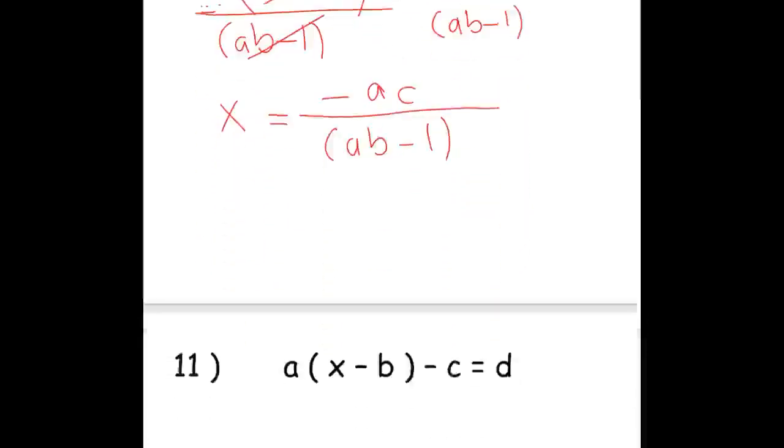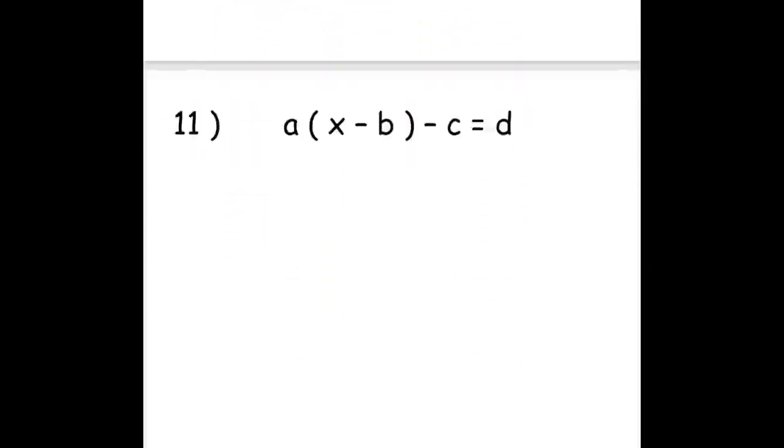Let's see another example. Here we also have a bracket, so I will distribute it first. So it will be ax minus ab. Don't forget minus c equals d. Deal with these variables as if they are numbers with the same rules of addition, subtraction, multiplication, and division of signs. So here I only have one friend of x. I will keep it alone.